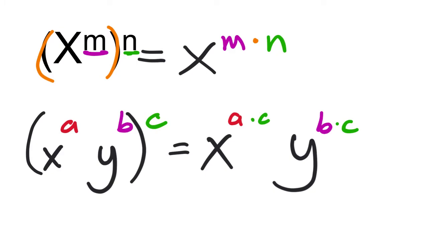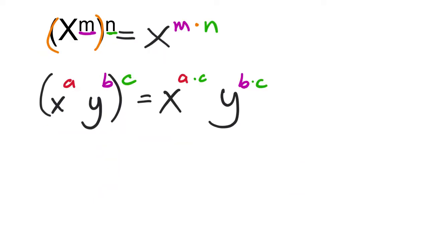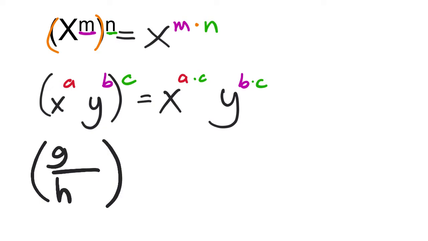And yes, since this works with multiplication between these bases, it would work with division between the bases. So if you took a fraction, essentially the same way, let's use different letters though. We'll do g and h. So if you had bases g and h, and these had exponents of, let me see, we'll say d and k, and this was to the power of, I don't know, p.